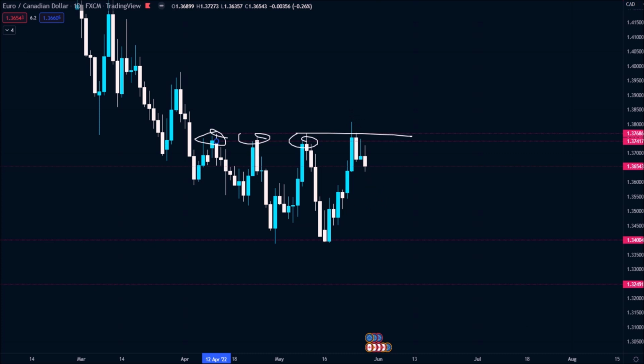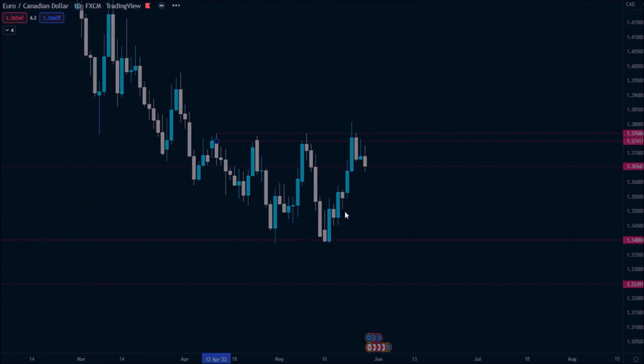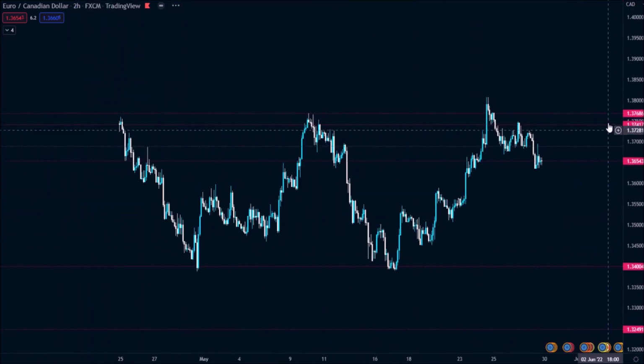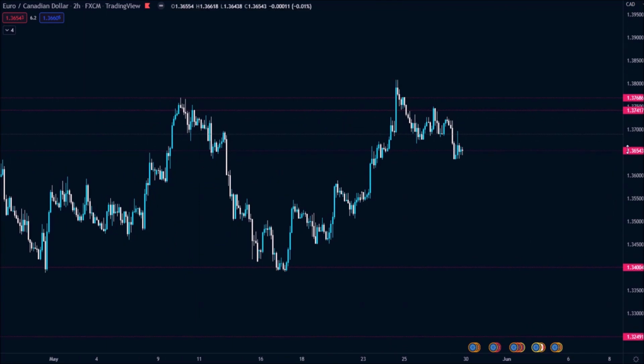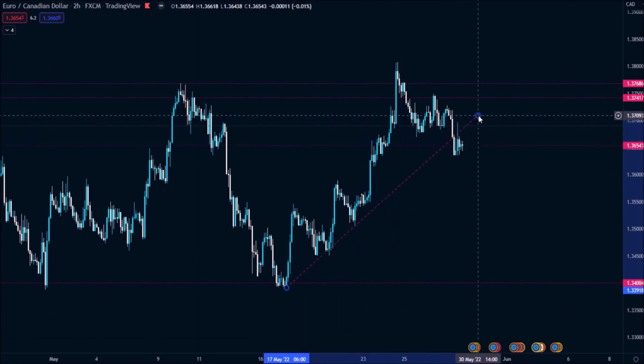So on the lower time frames, I did have a trade on this, but it was late on Friday and didn't really go anywhere. But I'll share with you where I got in. So looking at this structure, plain to see support, support, support.